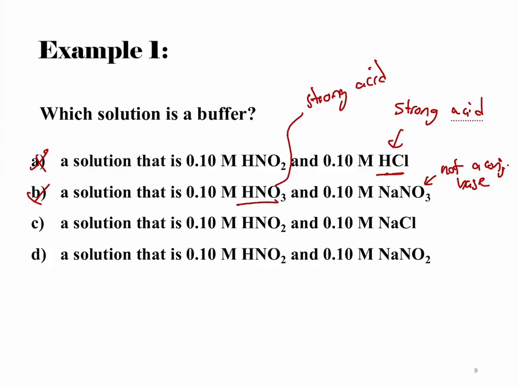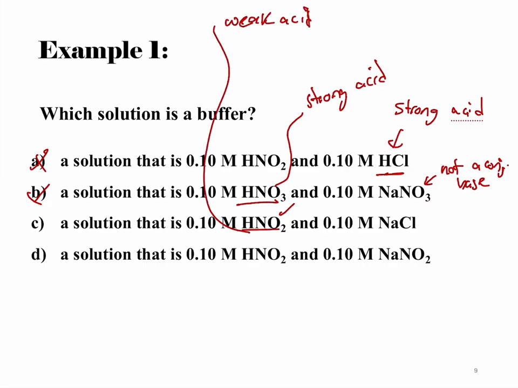And what about here? Would this give me a buffer solution? Is nitrous acid a weak or strong acid? This is a weak acid, right? So that's okay. This is a weak acid.